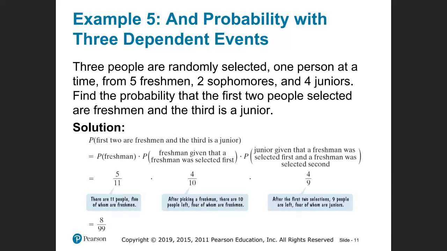The next one, we have selected 1 freshman, that leaves 4 out of 10 people. And the third, the probability of a junior, given that a freshman was selected first and a freshman was selected second. So we've got 4 juniors. There are 9 people left.